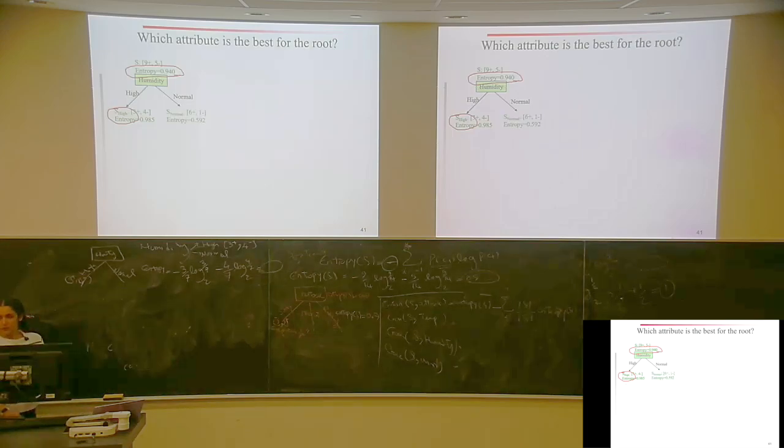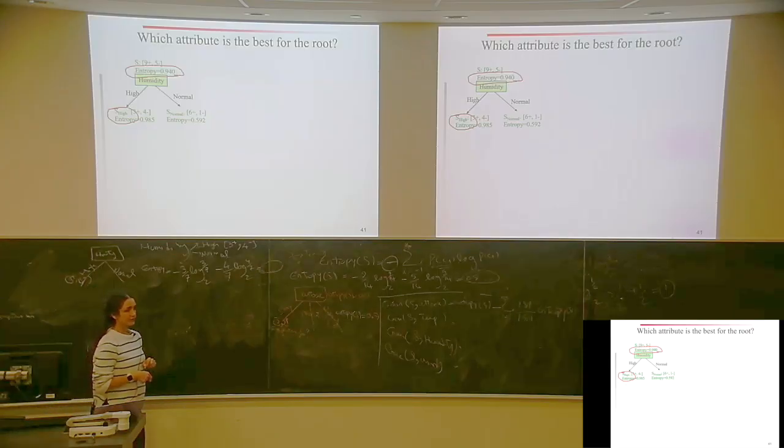And then we do the same for humidity normal. So we have 7 days where humidity is normal.